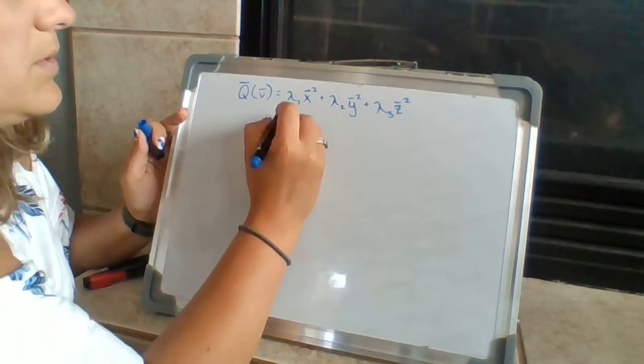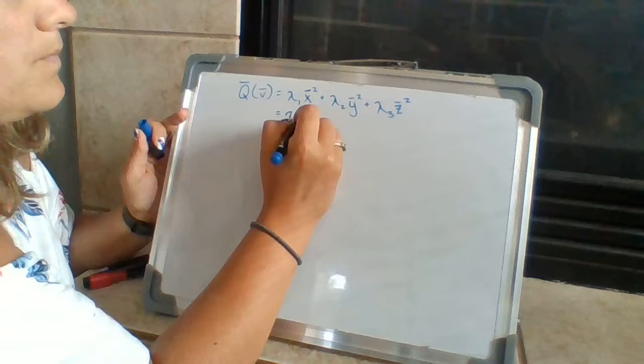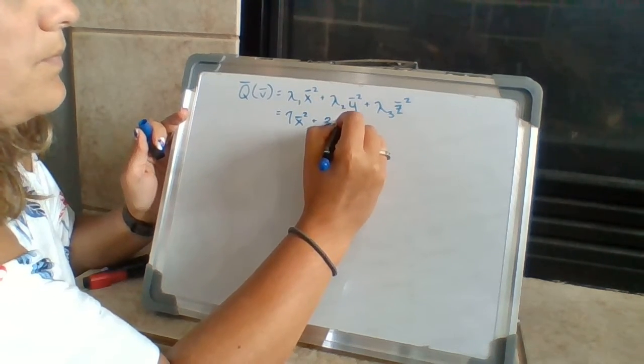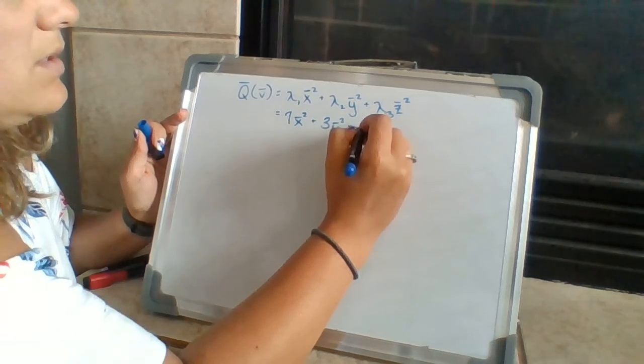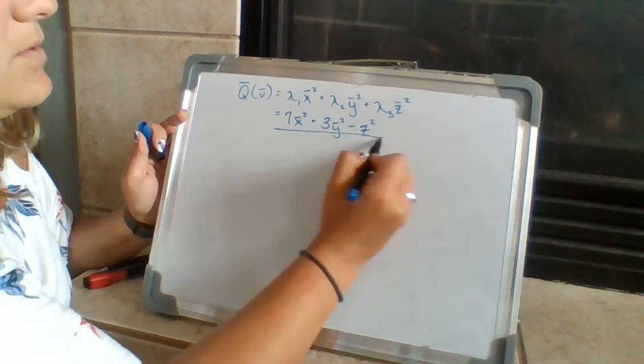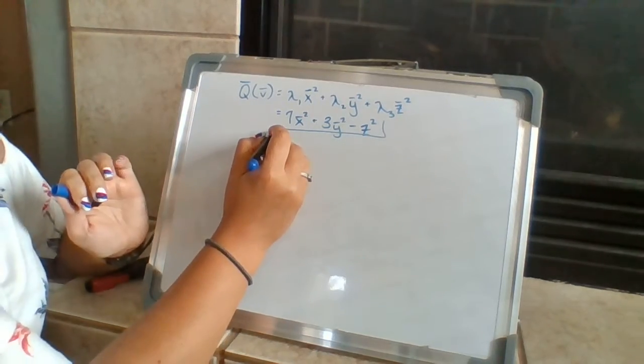So my first lambda was 7. My second lambda was 3. My third lambda was negative 1. So this is going to be my equation using eigencoordinates.